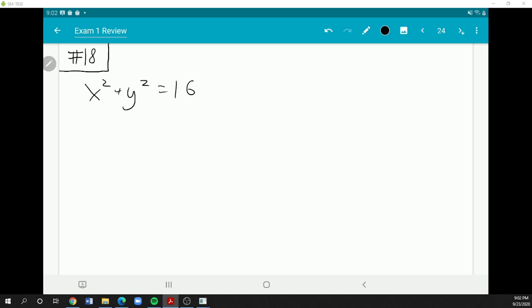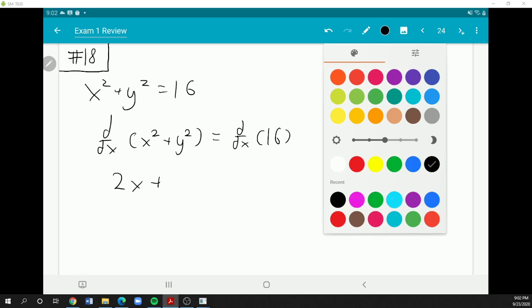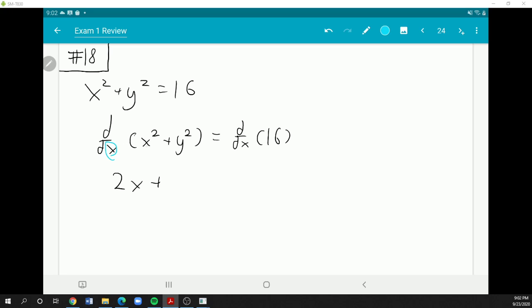So because this is implicit differentiation, we say the derivative of this on the left is equal to the derivative of the stuff on the right. So I get 2x plus, and here we've talked about this before. Here the letters match. I'm taking a derivative of a function of x with respect to x.